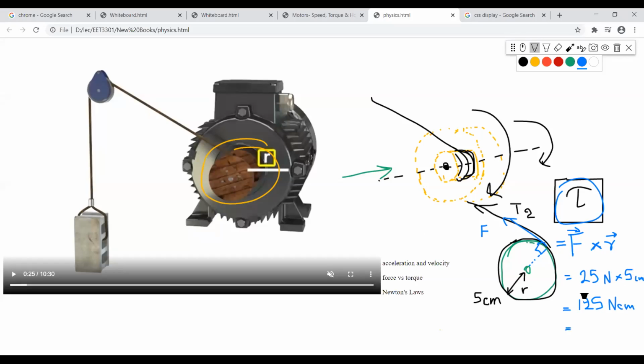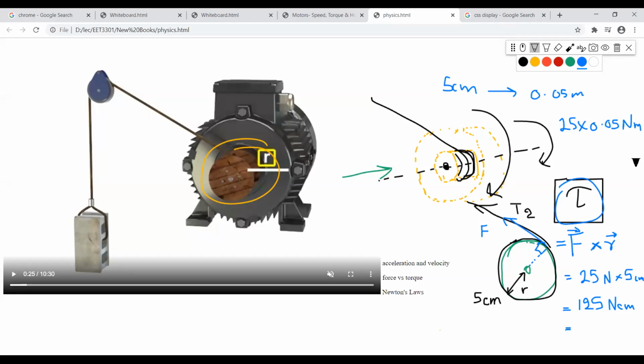If you want to convert it to the SI units, what you would do is 5 centimeters is equal to 0.05 meters. Therefore, instead of 5 centimeters, you are going to multiply 25 Newton by 0.05 meters.